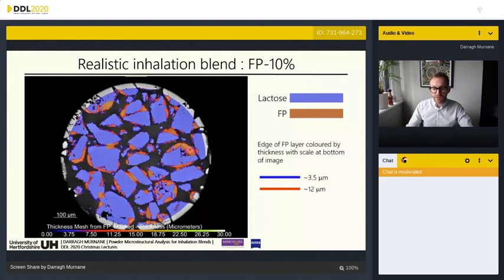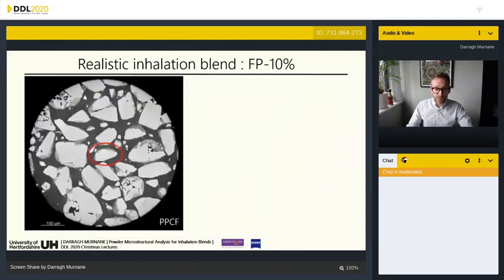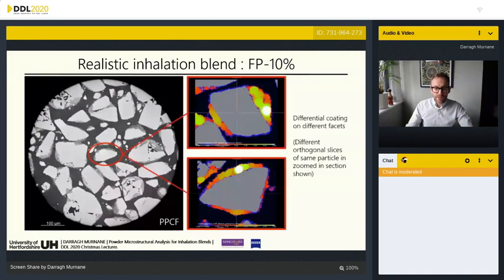And not only that, we can also identify the density of the drug and the thickness of those drug coating layers. So if we take an individual particle such as this, we're able to identify that the drug seems to be located specifically on individual facets of the lactose carrier crystals. It's not distributed evenly on every single crystal face.